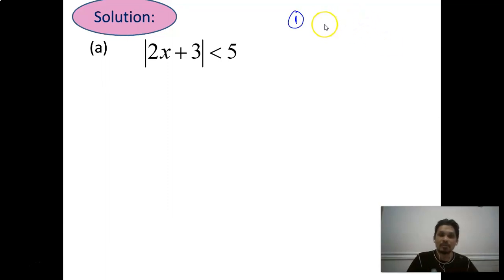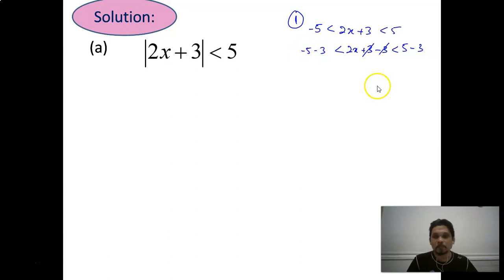Right now, first option, method number 1: 2x plus 3 less than 5 and greater than negative 5. So 2x plus 3 minus 3. The reason I use minus 3 here is that we would like to eliminate this. So we also get 5 minus 3 here, and negative 5 minus 3. So 2x, 5 minus 3 equals 2, negative 5 minus 3 is negative 8.